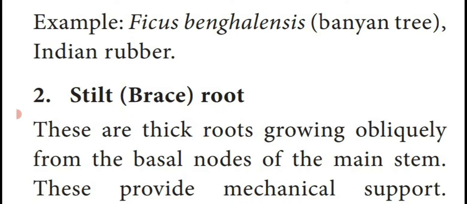In those plants, the branches of a tree produce the vertical adventitious roots and grow towards the soil, and it touches the soil and they give the mechanical support to the tree and also act as a pillar. Those roots are known as prop root or pillar root. Example, Ficus bengalensis.